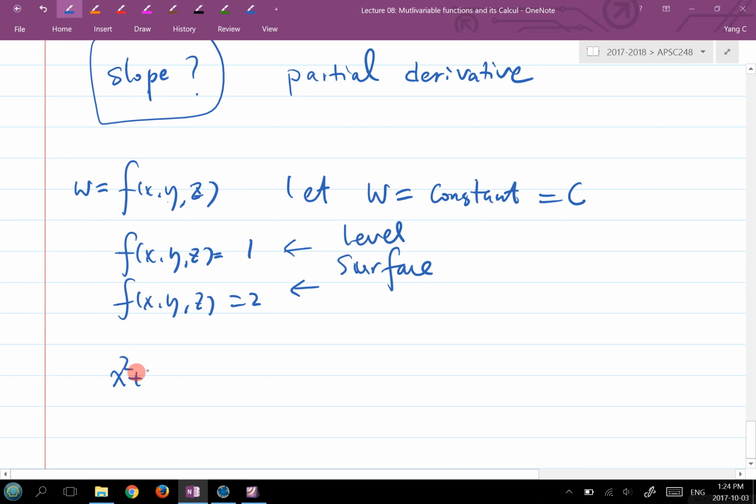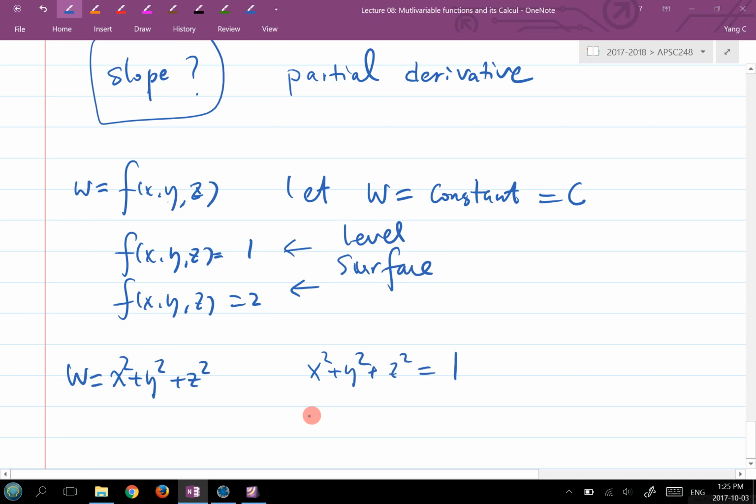Let's say I have w equal to x squared plus y squared plus z squared, and we don't know what it looks like. Let's try the level surface idea. We let w equal to 1. Now what does that look like? x squared plus y squared plus z squared equals 1. It's a sphere with a radius of 1.